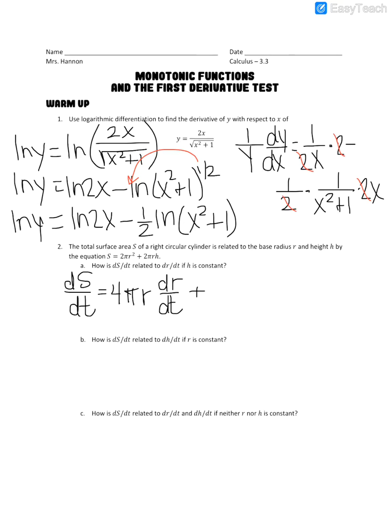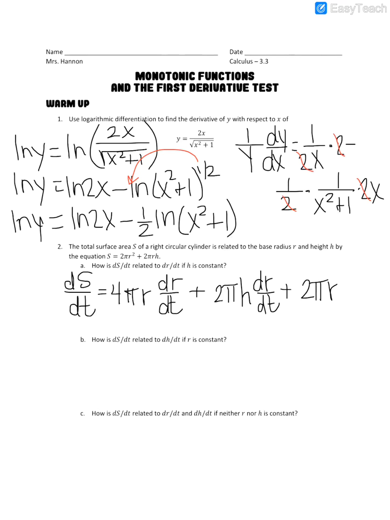So I have the derivative of the first, which would be 2 pi times the second, h, and then I need my dr dt because that was the derivative of r, plus, and now the derivative of h is 1, so 2 pi r. And I don't need the dh dt because they said h is constant.